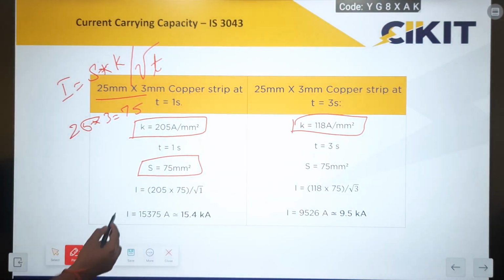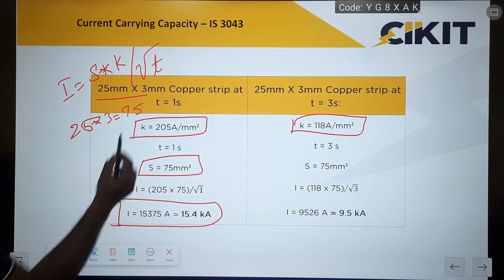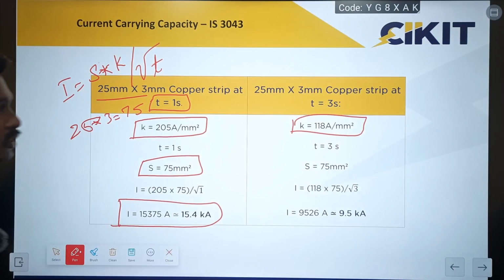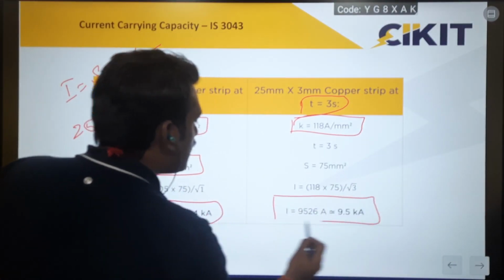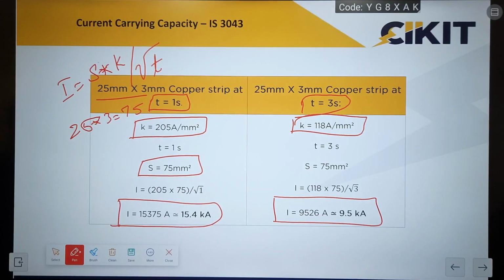If I consider this, the current carrying capacity of the 25 by 3 mm strip for a period of 1 second will be 15 kA. If it is 3 seconds, then it can carry only 9.5 kA. So based upon the material and the duration, the current carrying capacity will vary. I have to perform this calculation and choose the material accordingly.